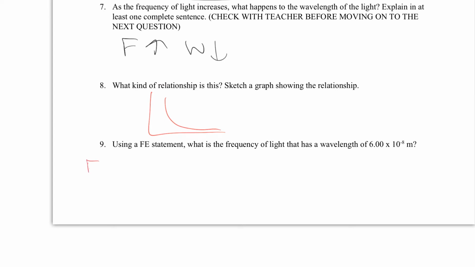And so if we said for every 3 times 10 to the 8th meters, light has a frequency of 1 hertz.